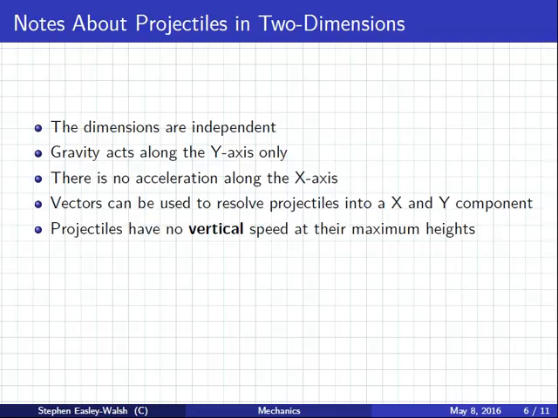But when it reaches maximum, there's no vertical speed.